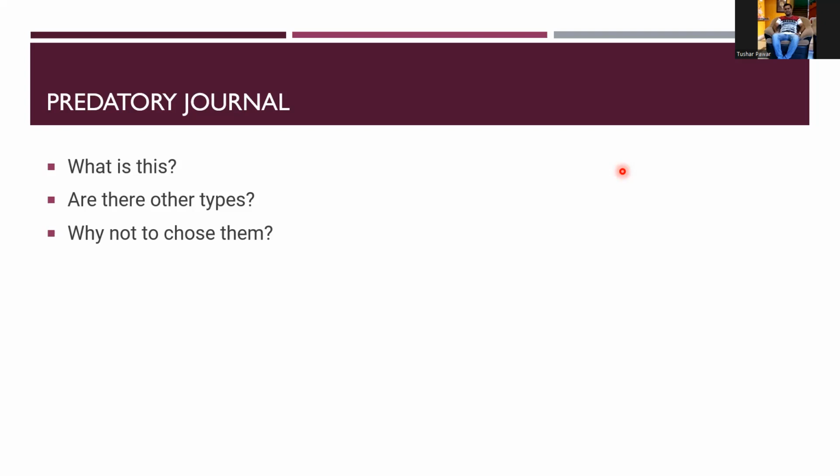There are approximately 34,000 scholarly journals which fall into this category, and searching for a suitable journal is like finding a needle in a haystack. Yeah, there is a challenge, but you have to go through it.